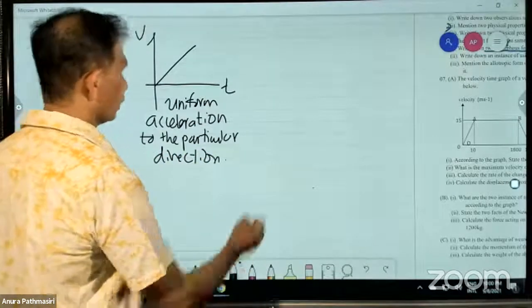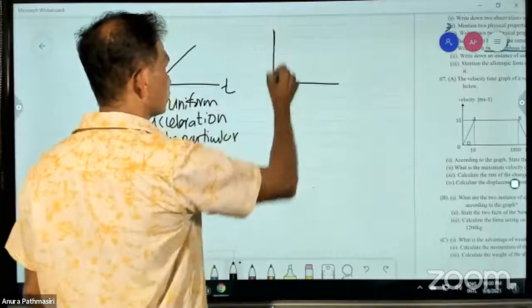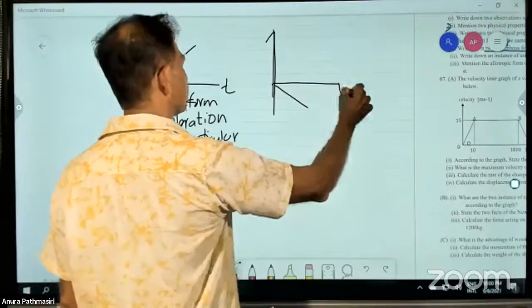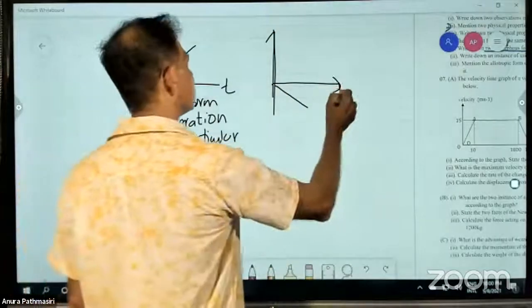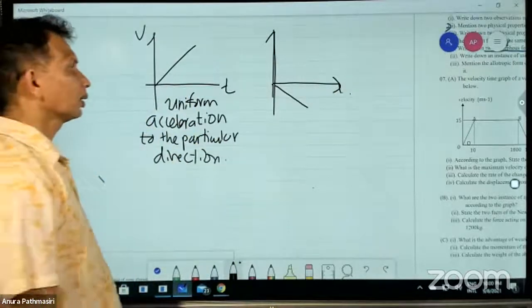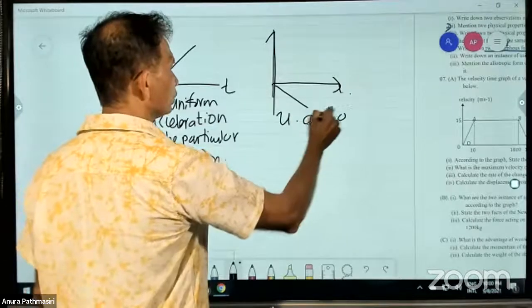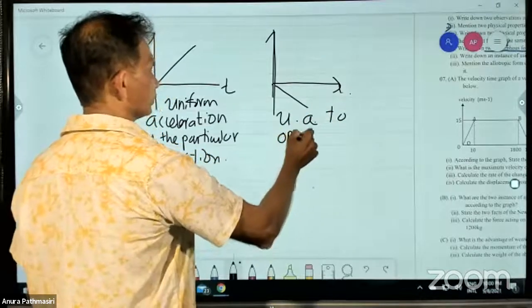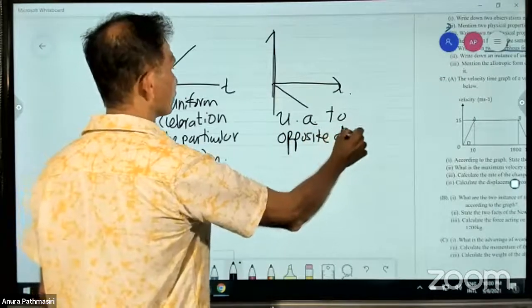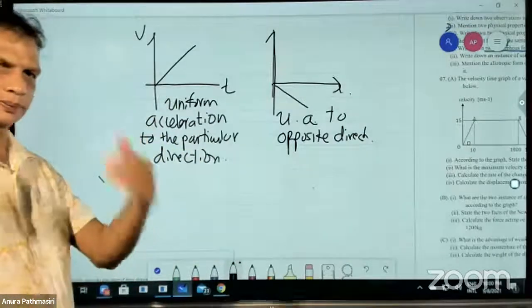And if you can have a graph like this, what about this one? Uniform acceleration to the opposite direction.